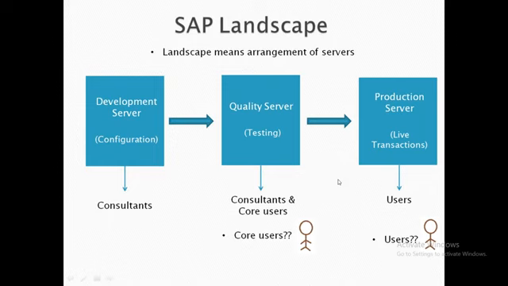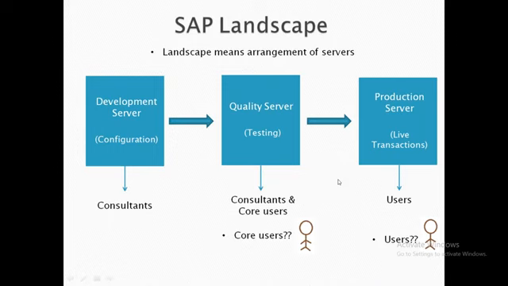Who can explain the client's business process to consultants? Someone with good experience and good exposure in that client's business process. Generally the client will take a senior person from the sales department as a core user, and that person is responsible for explaining the business process to consultants. The consultant will understand it and then configure it into SAP.